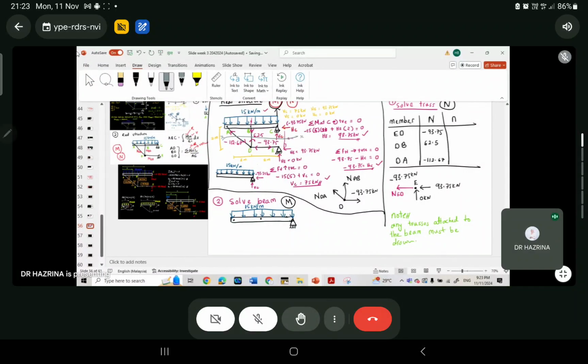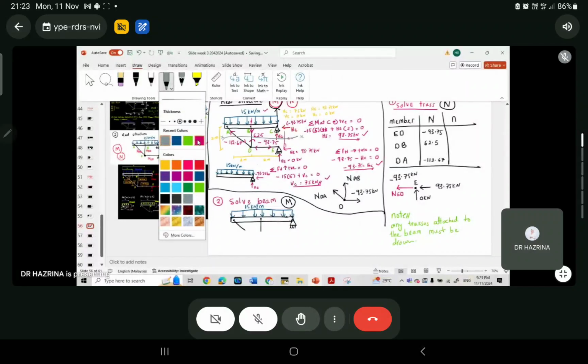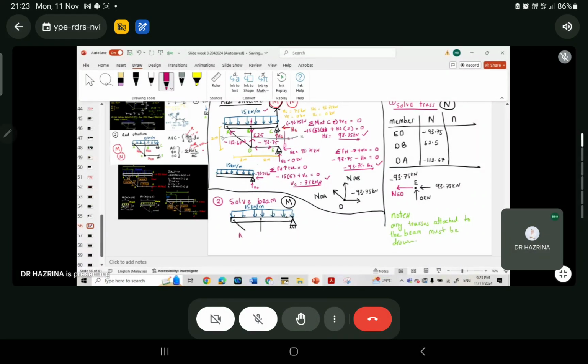So apa yang bila you dah cut macam tu, you kena lukis dia kat sini. Okay. So cara nak lukis dia, you ambil balik ni. Okay. Ni macam ni kan. So you kena draw dia macam ni. Okay, satu. Okay, apa lagi truss yang attached to the beam? Dua. Do you have any other trusses attached to the beam? No. You tak ada. So then you ikut arrow dia. So untuk this one is your NDA, which is equivalent to negative 112.67.